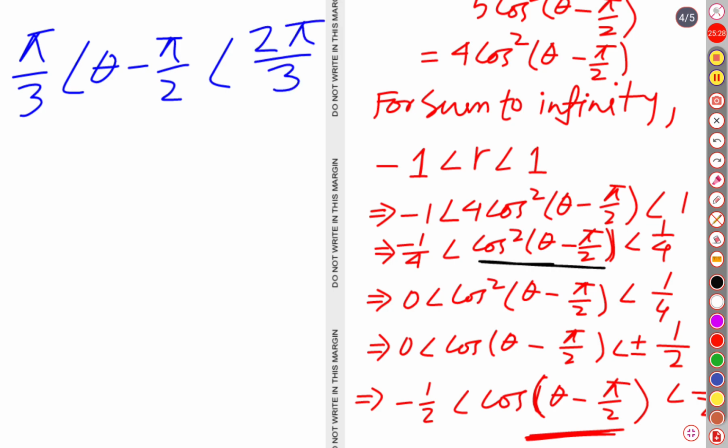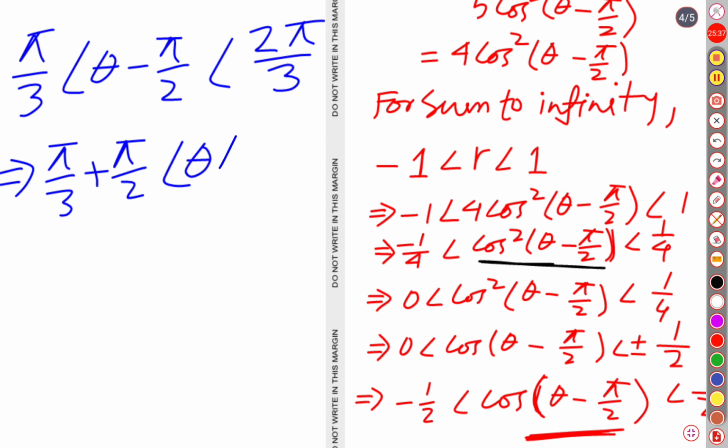Then if we add pi over 2, it is going to be theta, that is 2 pi over 3 plus pi over 2. Let us do the calculation. It is 60 degrees plus 90 degrees, so it is going to be 150 degrees.